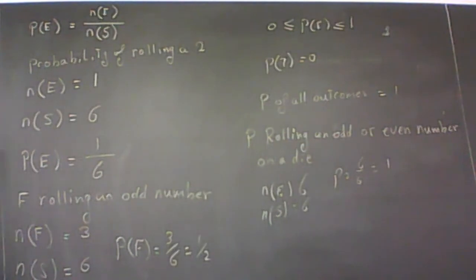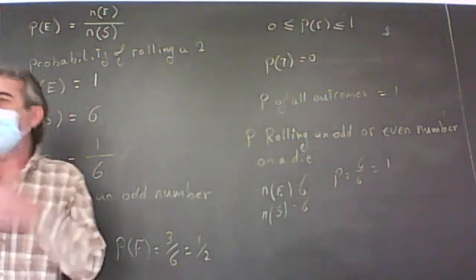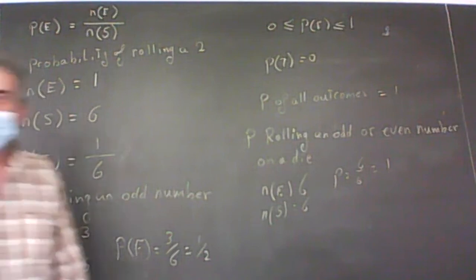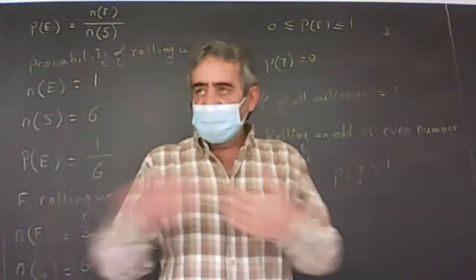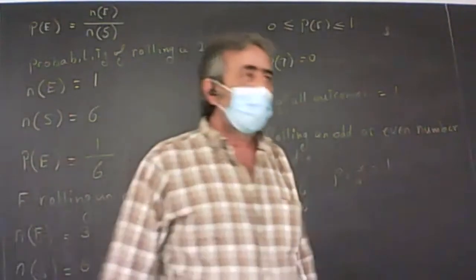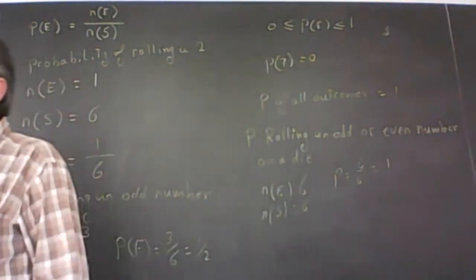Now, if I add the probability of all outcomes in the sample space, I'm going to get 1.